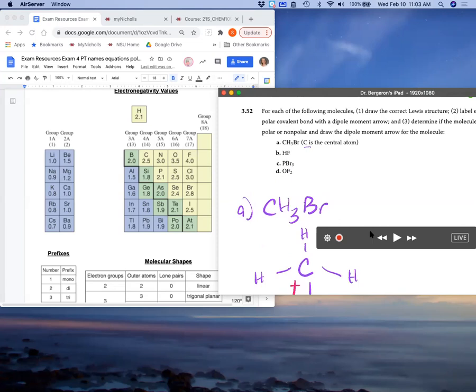So if you have a molecule, it is polar, P-O-L-A-R, polar if you have polar bonds and the molecule is asymmetric.